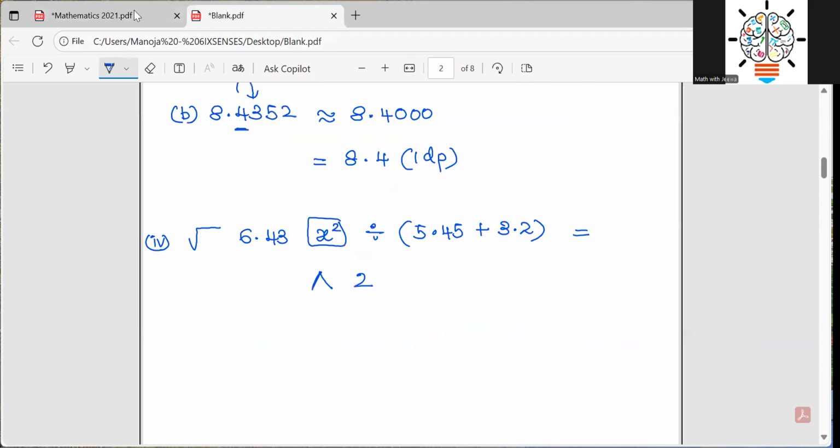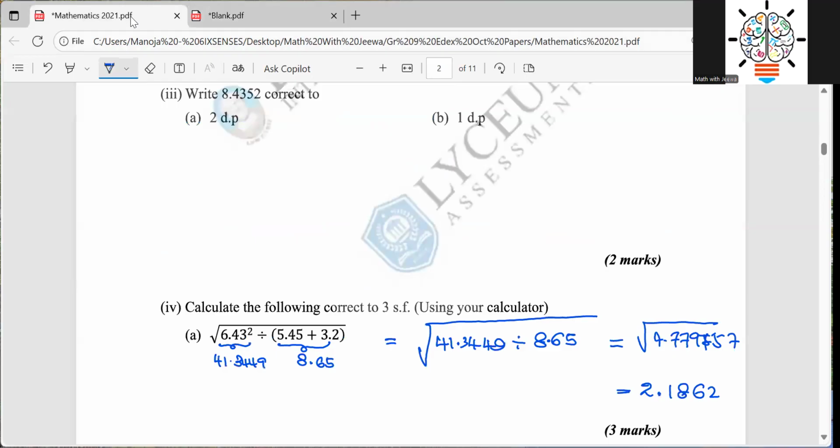The earlier method also we got that when we have 6.43 to the power 2 and divide by 5.45 plus 3.2, and you get the answer 2.1862. But what they have asked us to do is correct it to the third significant figure. Here also we get the same answer.